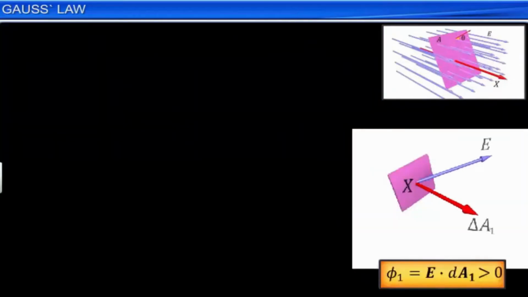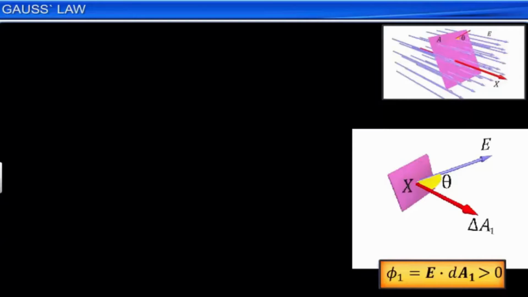The electric flux through the element X is phi 1 equal to E dot dA1, and since the angle between the direction of the electric field strength E and dA1 is acute, the flux phi 1 through this surface is positive. For all such elements, the flux passes from the outside to inside.